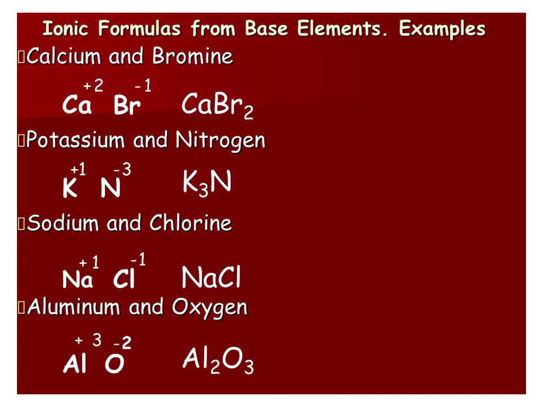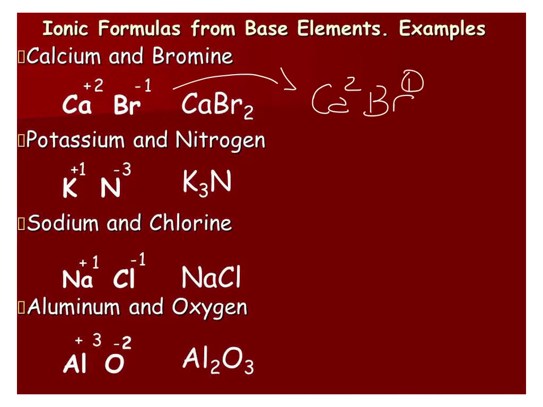Now the next part is we're going to combine the two, but let's go over here and show you how we do this. So we have calcium, 2+, and we're not going to write the plus anymore. We're just going to put a 2 here, because we already know it's 2+, and then the bromine we're going to put the 1.